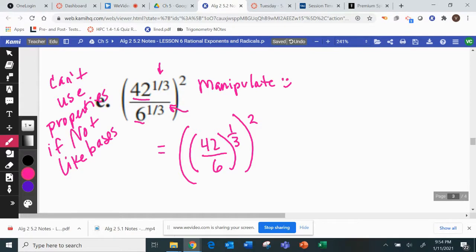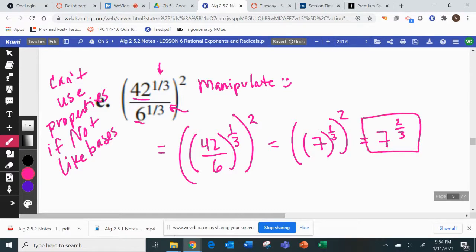And because I did that, 42 over 6 now is just a number, no exponents on it at all. So I can reduce 42 over 6. So 42 over 6 is 7 to the 1/3 and then to the 2. Now from here, I'm going to multiply my exponents together and I get 7 to the 2/3. So I manipulated it.